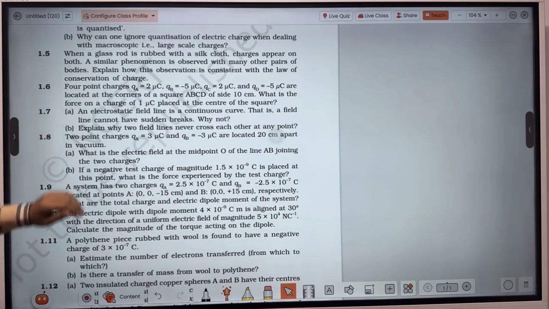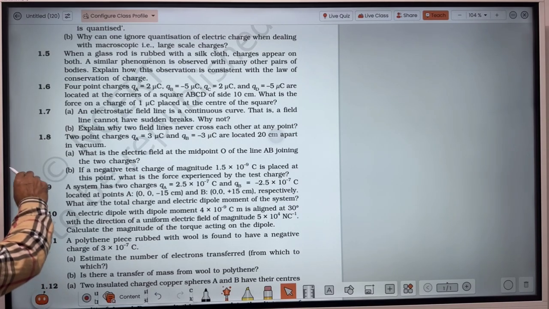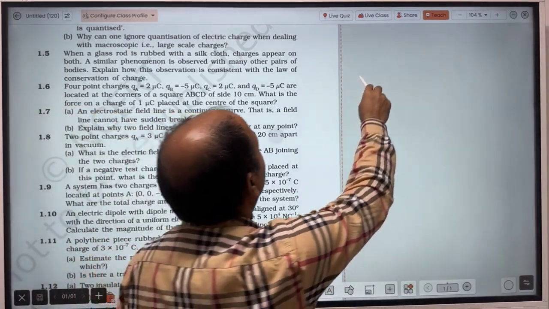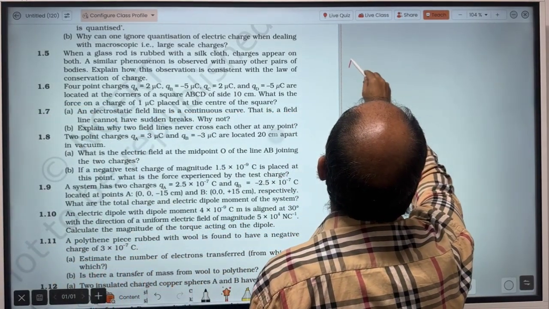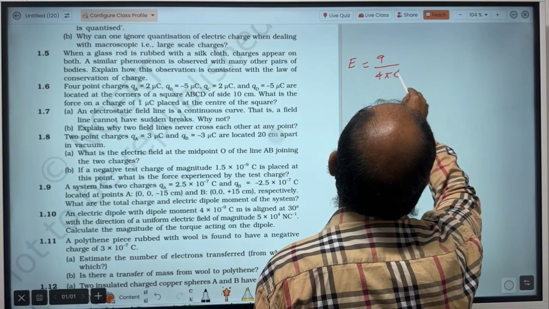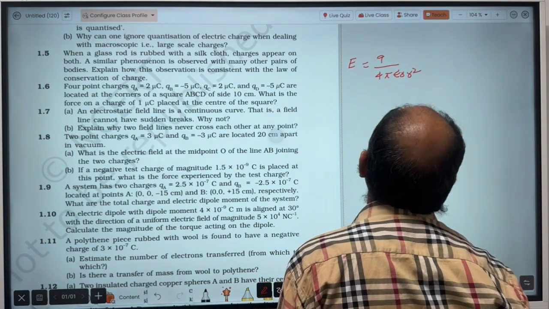The next question says, an electrostatic field line is a continuous curve. Why? A field line cannot have sudden breaks. Why not? It is simple. Suppose you write the relation E equals Q upon 4 pi epsilon naught R square.